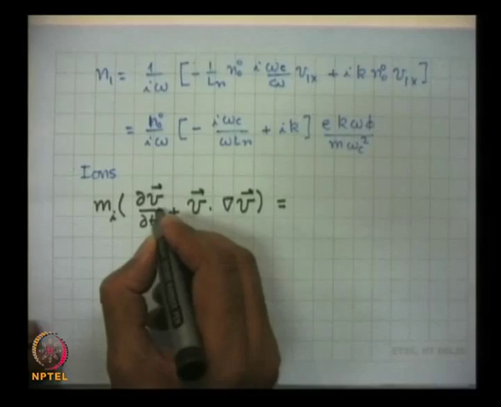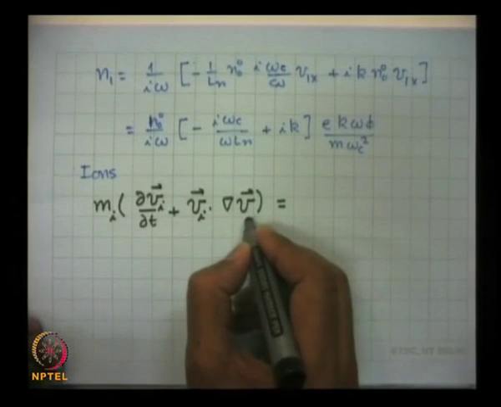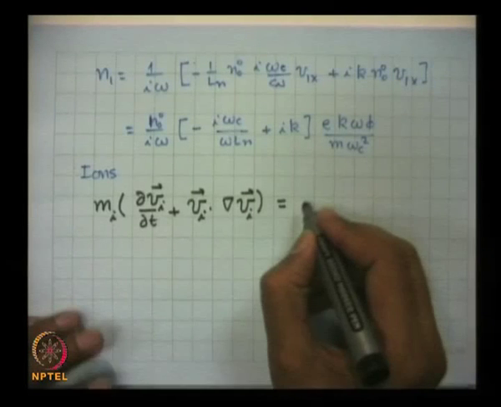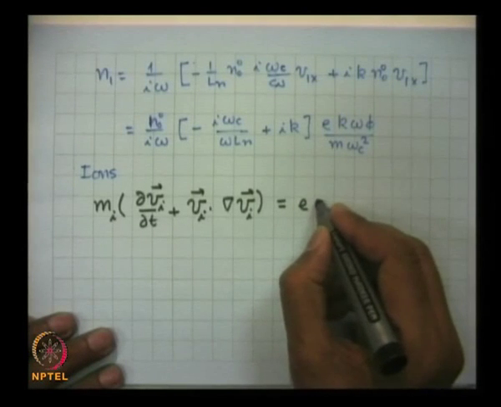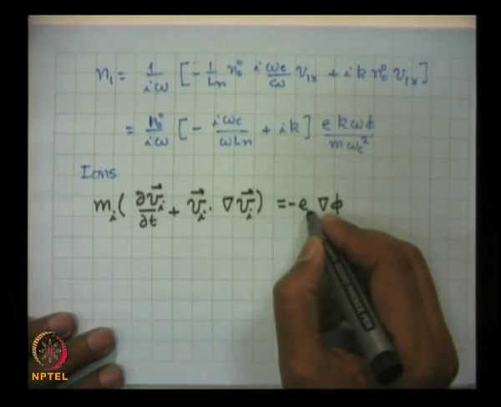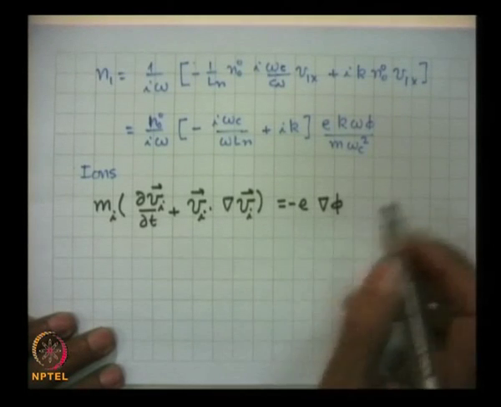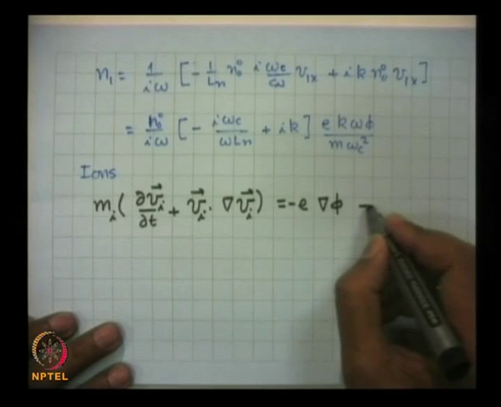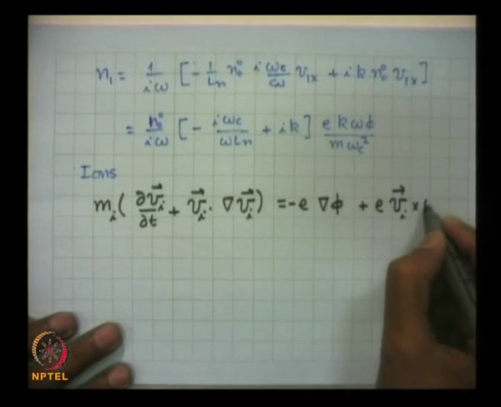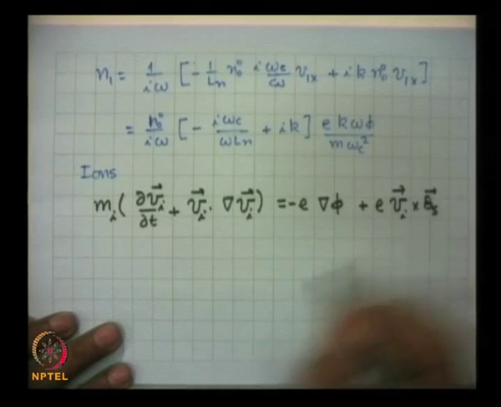So, put i subscript everywhere, is equal to e, minus e grad phi. This is the ion charge plus e, and minus grad phi is the value of the electric field, plus e V cross B, the magnetic force.